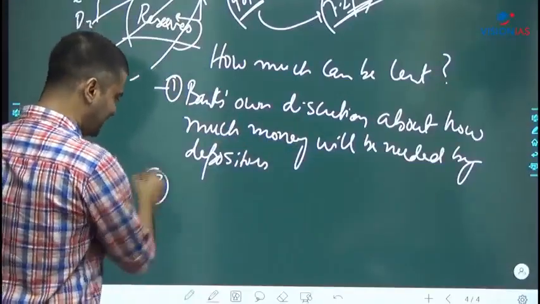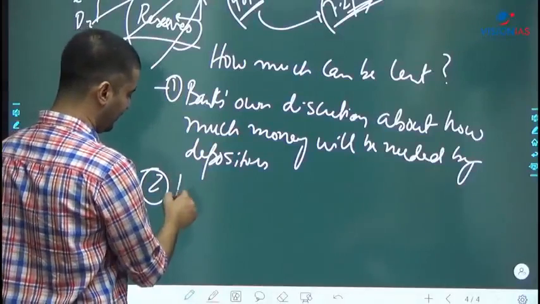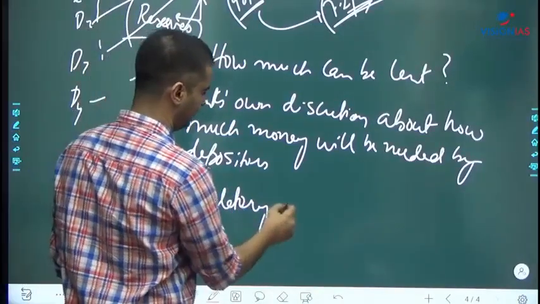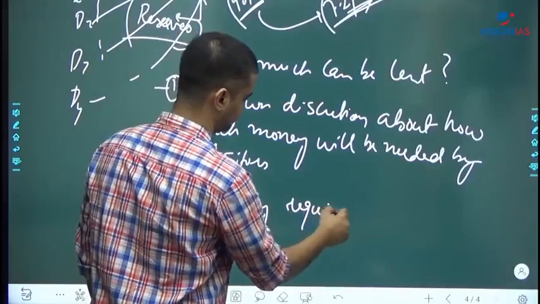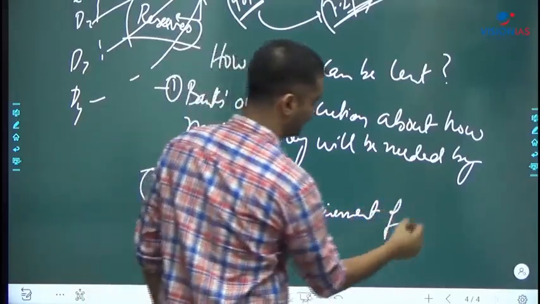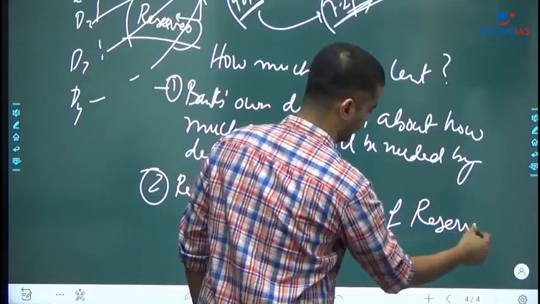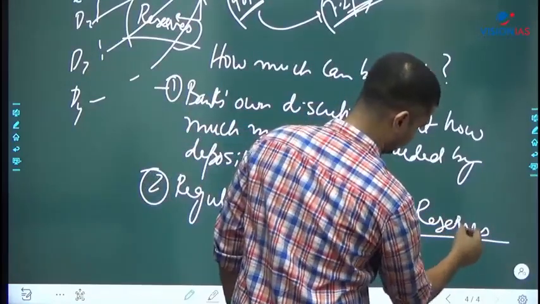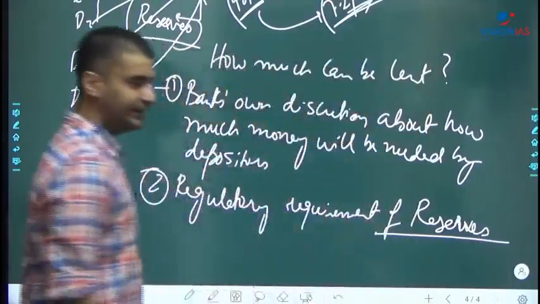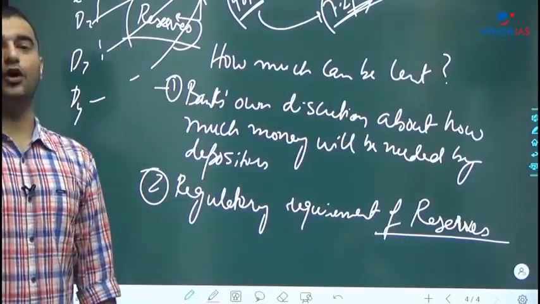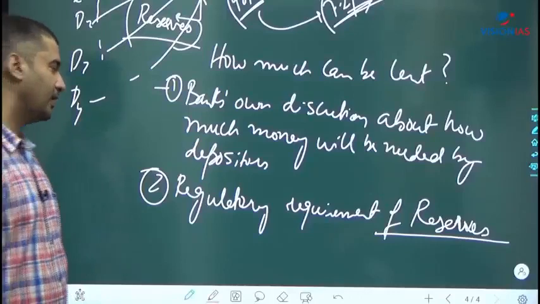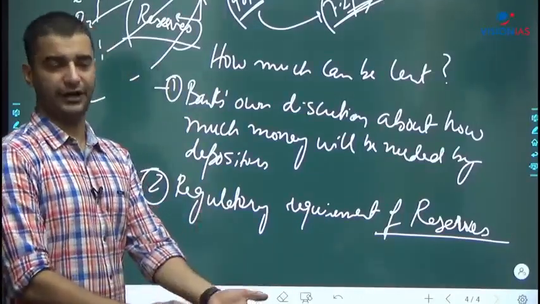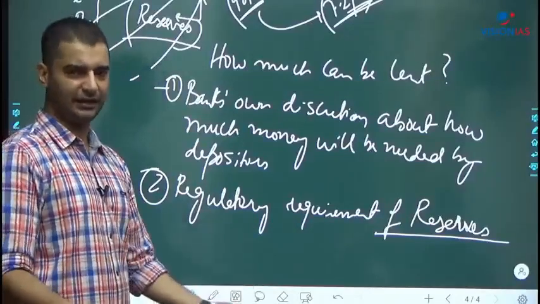The second is the regulatory requirement of reserves. The regulatory authority, which is the central bank of a country, every country has a central bank, in our case RBI.